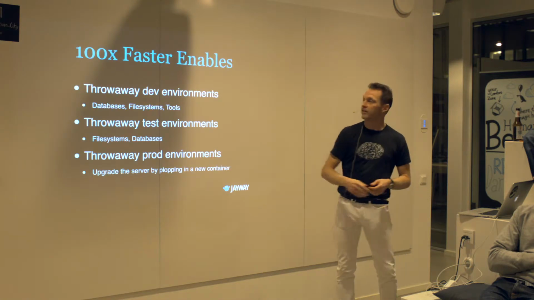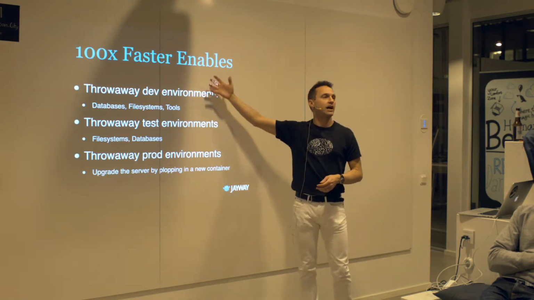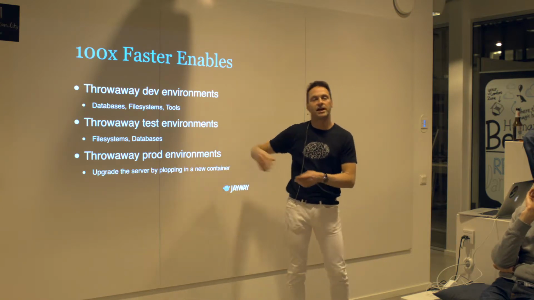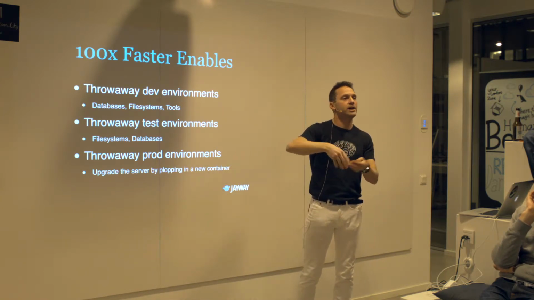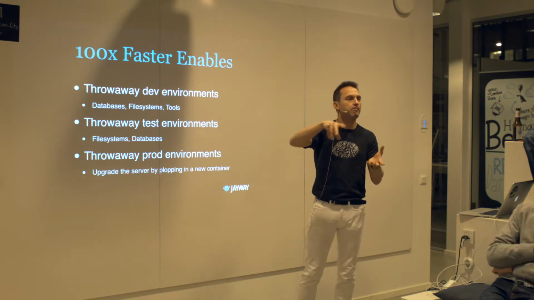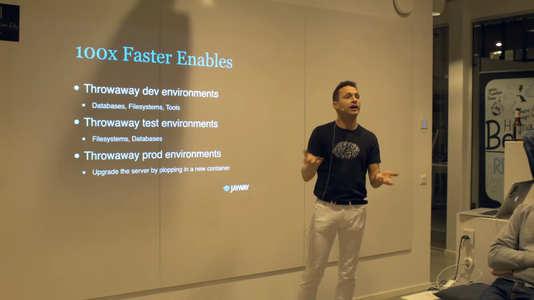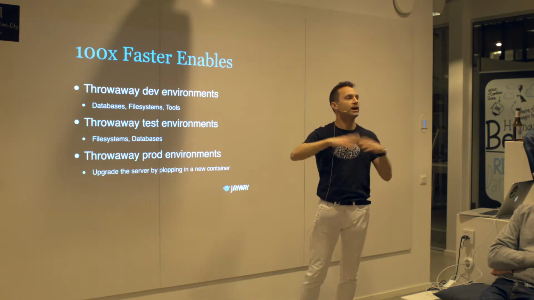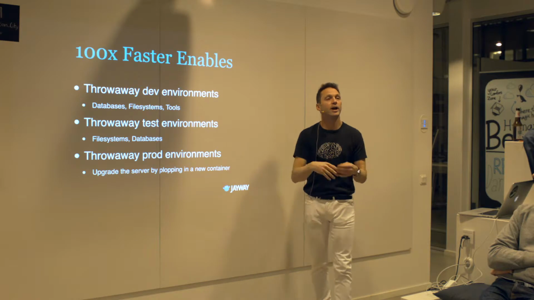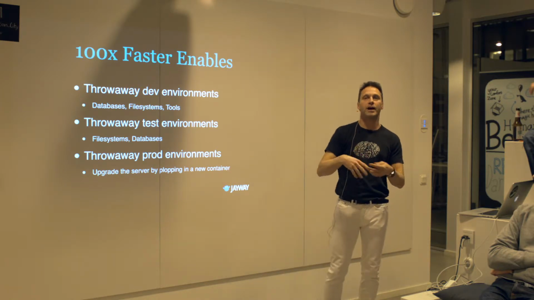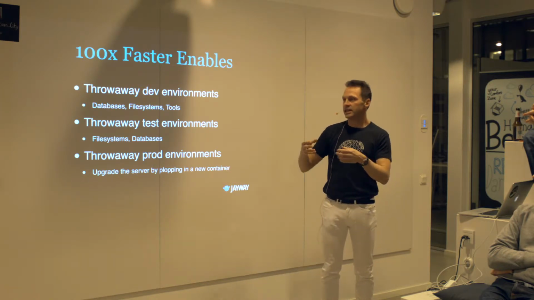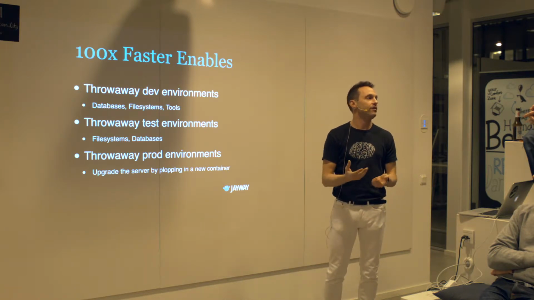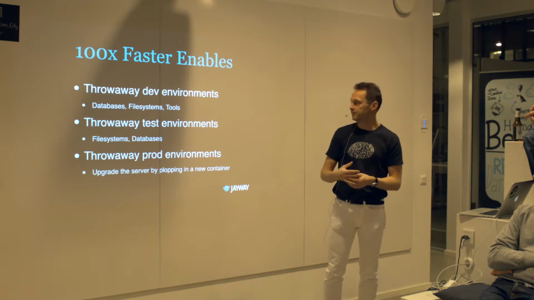So when we have something that is 100 times faster, it enables a lot of things. And one of those things is that, okay, I'll start up a new container. I'll try to install a bunch of new things. And then I don't even have to uninstall them. I just have to stop the container and then throw it away, and everything is just gone. So I don't have to clean up anything, and I don't have to worry about things being saved somewhere where it can interfere with the rest of my system.